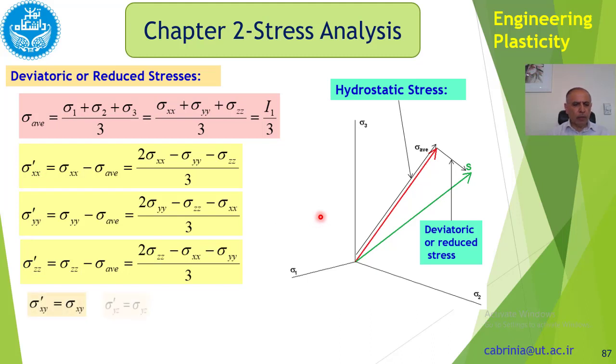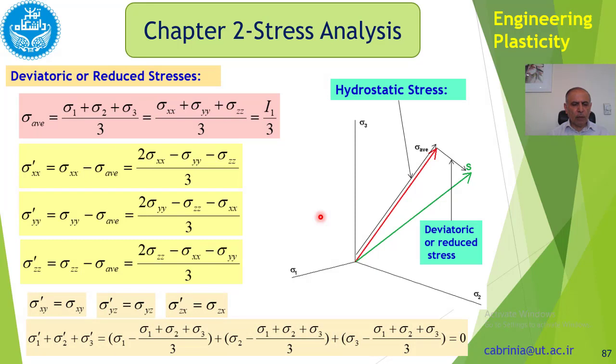And sigma xy prime is equal to sigma xy, sigma yz prime is equal to sigma yz, and sigma zx prime is equal to sigma zx, because here we don't have any perpendicular components. All the components are the shear components.